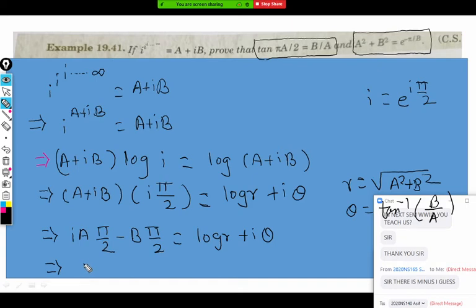We get a pi by 2 is equal to theta, not i theta. This is a silly mistake that a few are making, writing iota also there. So a pi by 2 should be theta only, and b pi by 2, or minus b pi by 2, should be minus log r.